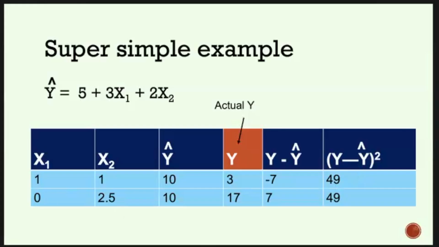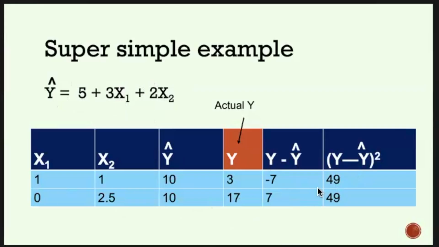Now over here we have another person, and this person's score on x1 was 0. Their score on x2 was 2.5. Well, check this out. They also have a predicted y of 10, because you have 5 plus 3 times 0, which is 0, plus 2 times 2.5, which is 5. So their predicted y is 10. This person's actual score was 17. So you have 17 minus 10, and so they get 7.